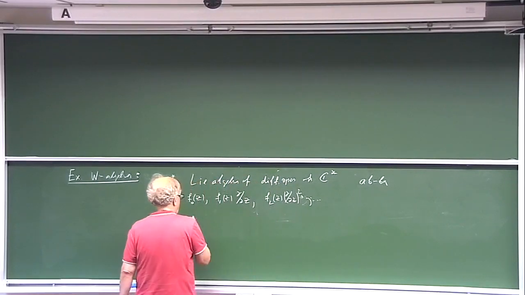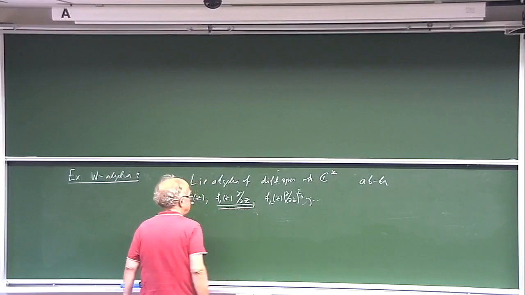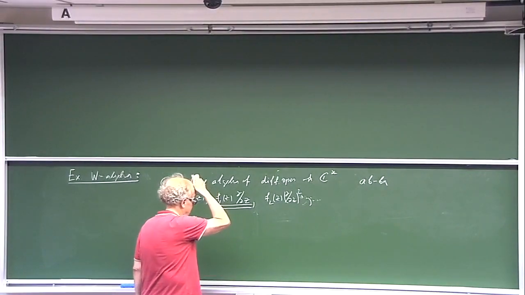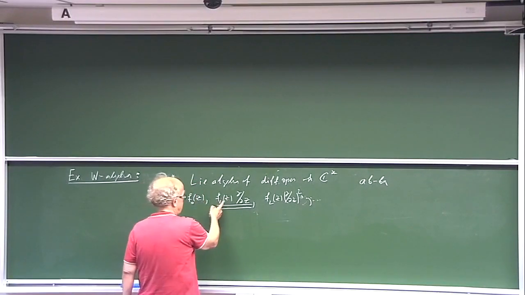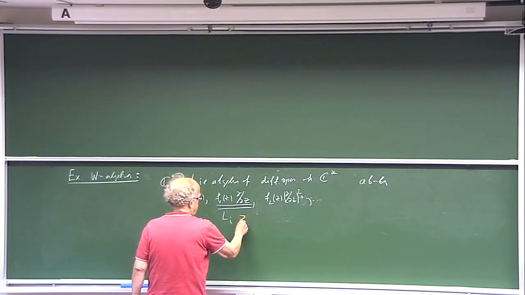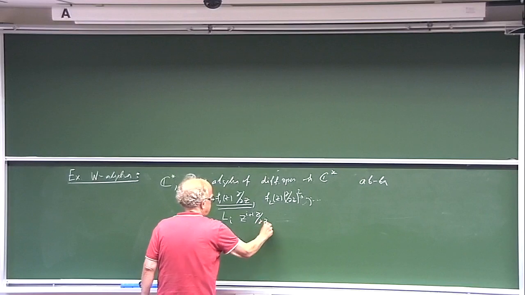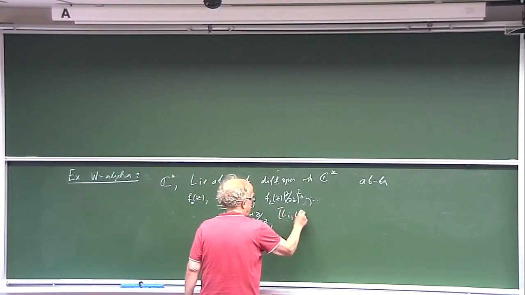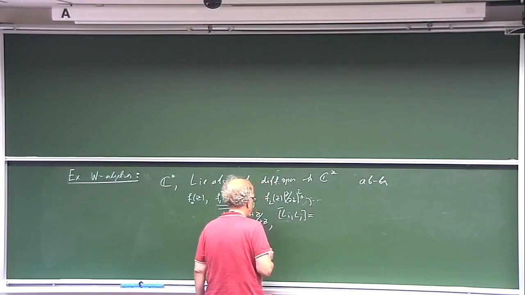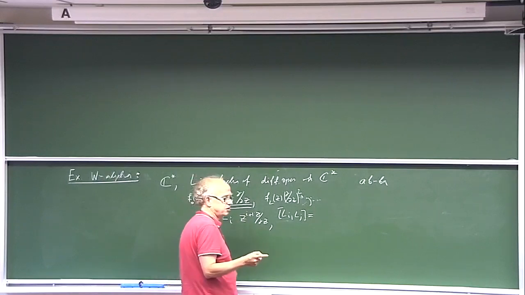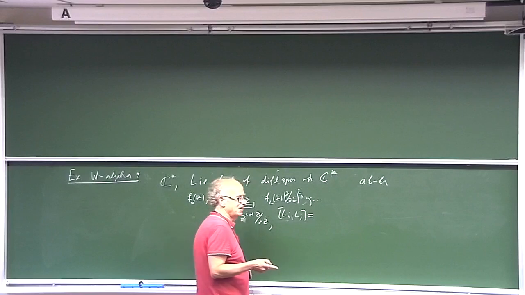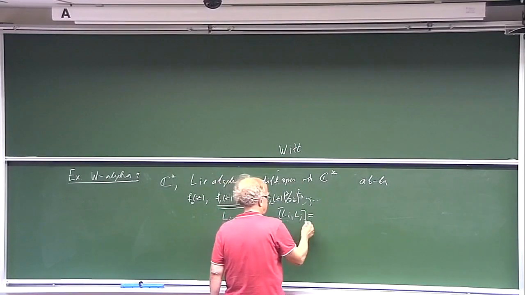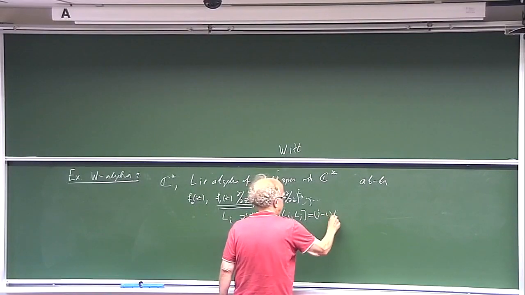For example, this part is the algebra of vector fields on a circle, and here, if I take L_i equal to z^(i+1) d/dz, then we have the famous Virasoro bracket relation without central extension, with i running from minus infinity to plus infinity. This is the Witt algebra.